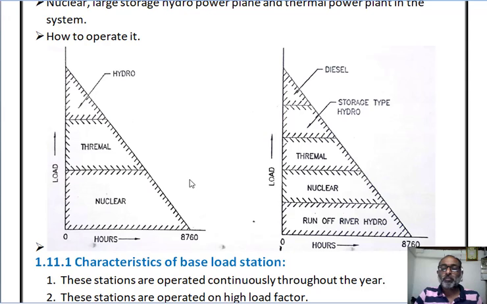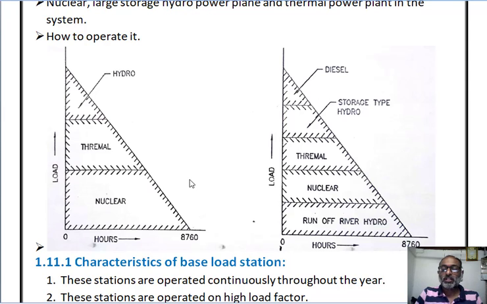Whatever power station is required to operate at a higher load factor is called a base load station. A power station whose operating cost is high, and which is not easy to turn on and turn off quickly, is operated as a peak load station.